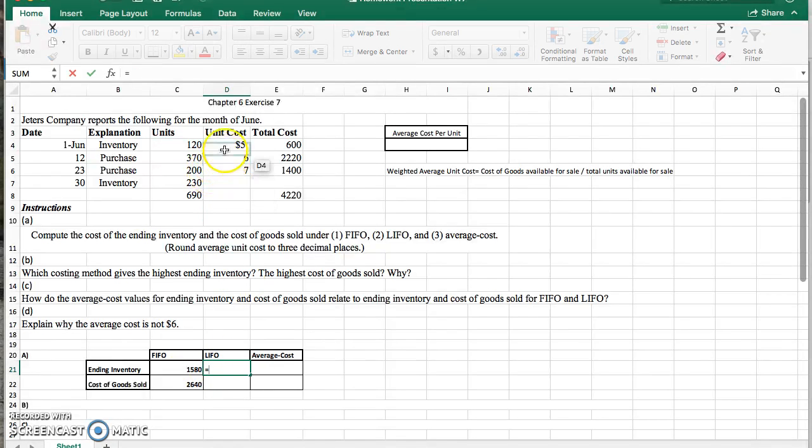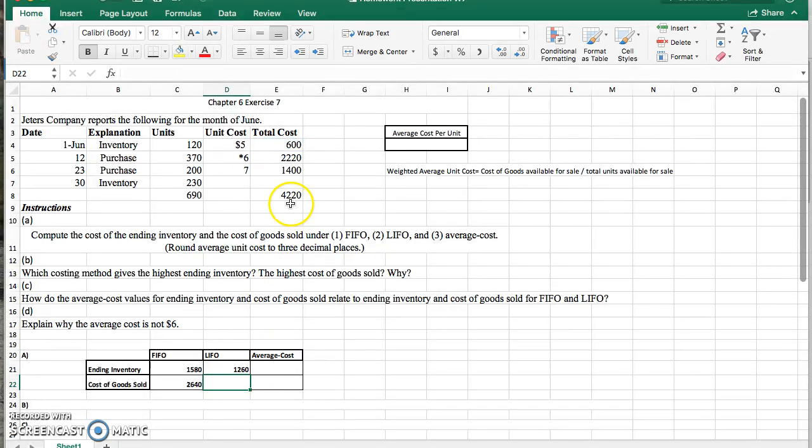So that is going to equal 600 plus the rest of the units. 230 minus 120 is 110, so we have 110 units that are going to be priced at $6. Times 6. That gives us 1,260.